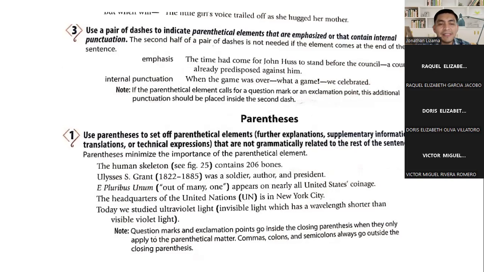Ulysses S. Grant (1822-1885) was a soldier, author, and president. ¿Qué estamos haciendo acá? Colocando paréntesis cuando queremos agregar información relevante acerca de alguien o de algo, o queremos que alguien vea algo en un libro, o queremos colocar las abreviaciones, como en este caso. The headquarters of the United Nations (UN) is in New York City.